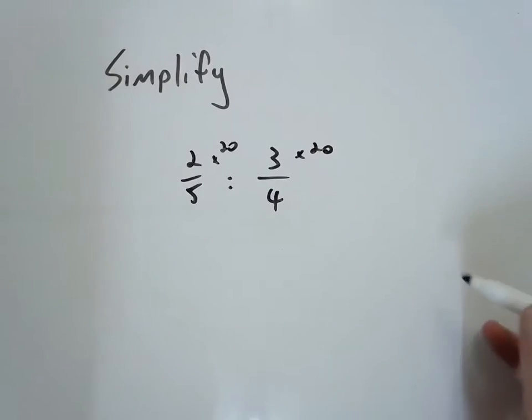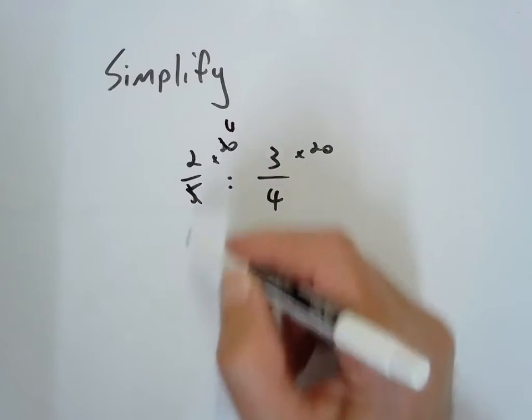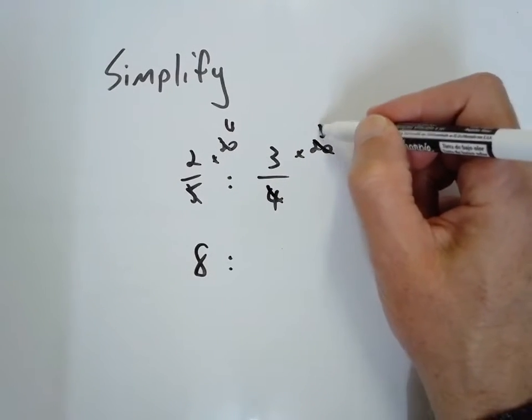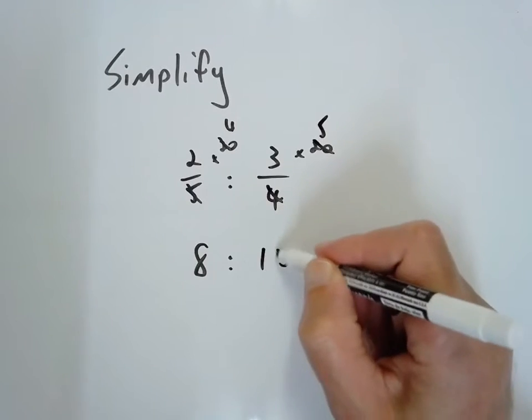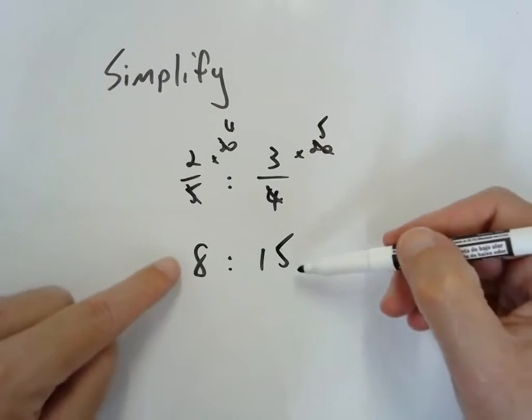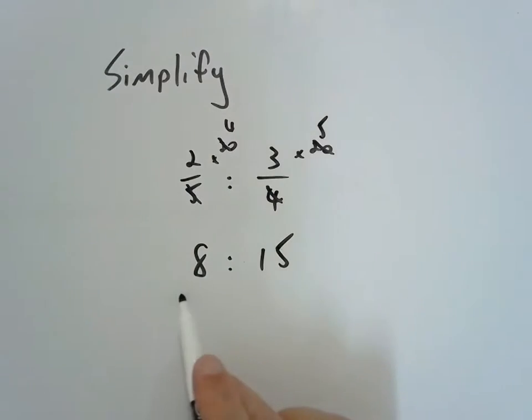When I multiply both sides by 20, that goes to a 4. 2 4s are 8. The 4 and the 20 cancel to get 5. 5 3s are 15. 8 is to 15. Can't simplify that anymore. So 2/5 to 3/4 is 8 is to 15 in simplest form.